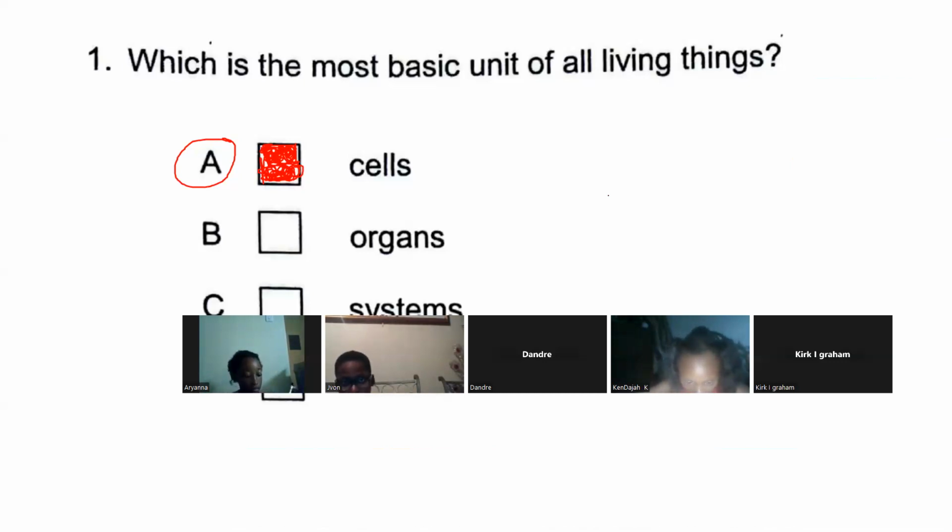Let me see something. I'm finished shading it in. Okay, good.